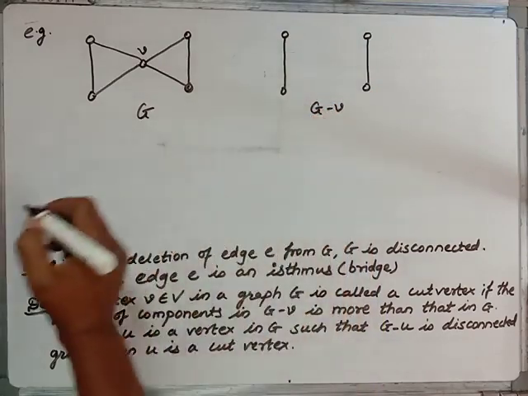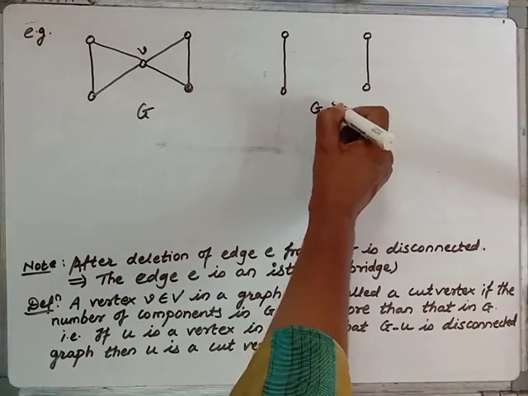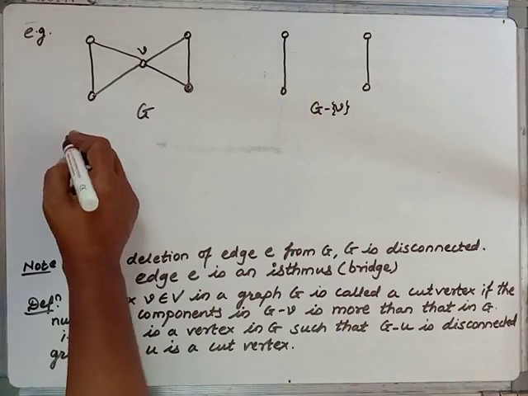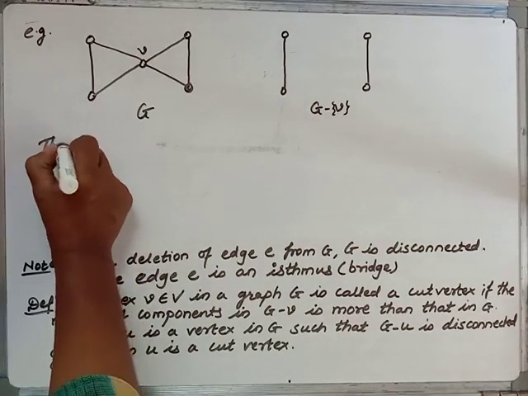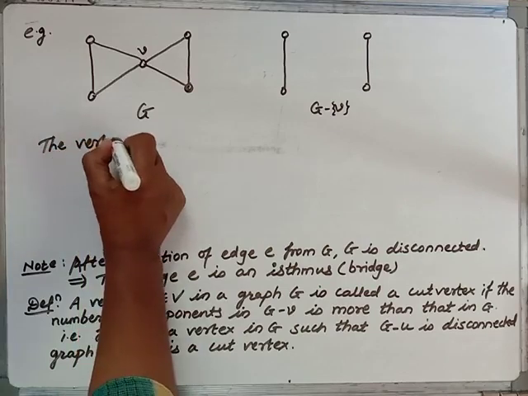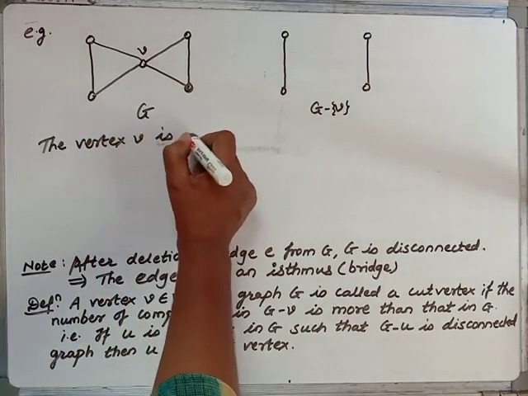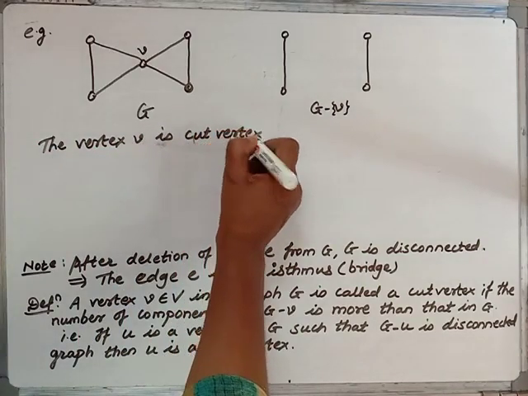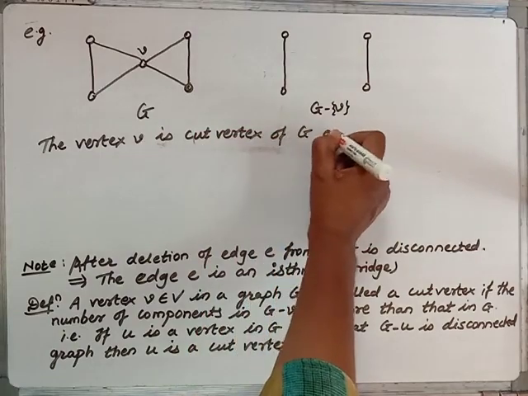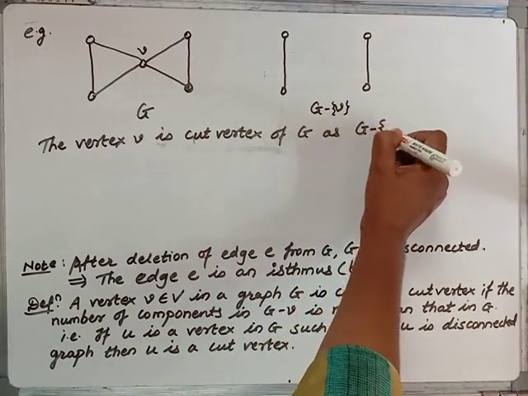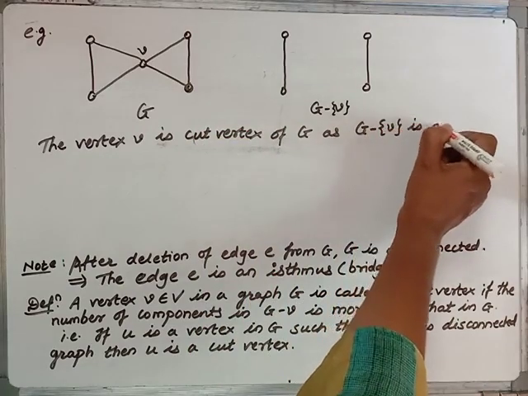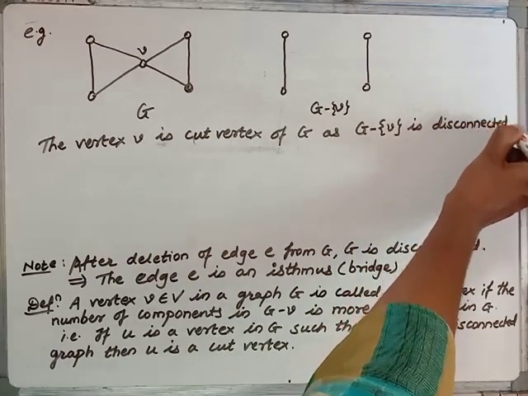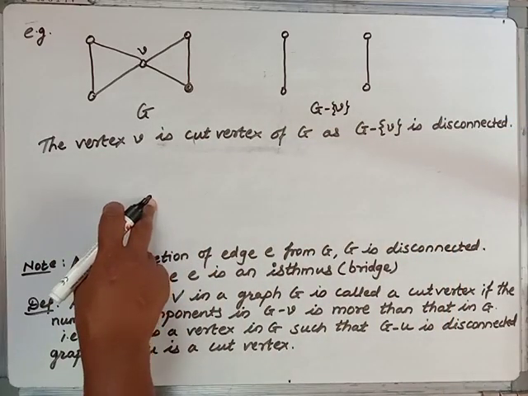This is G minus V. So here the vertex V is a cut vertex of G as G minus V is disconnected.